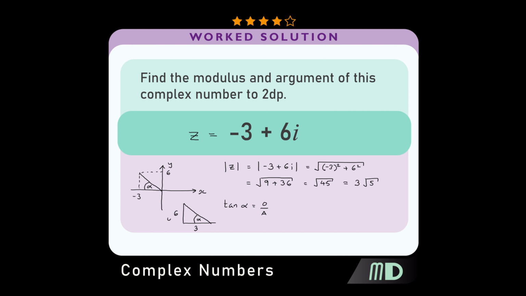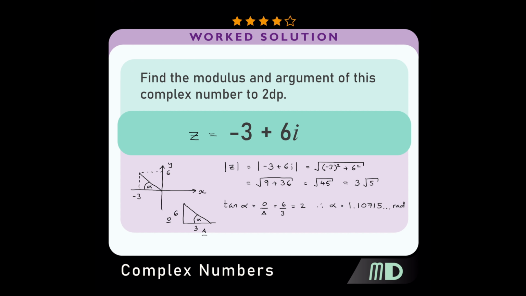In this case, 6 divided by 3, which is also equal to 2. By applying the inverse tangent function, we get a value of alpha equal to 1.1075 radians.